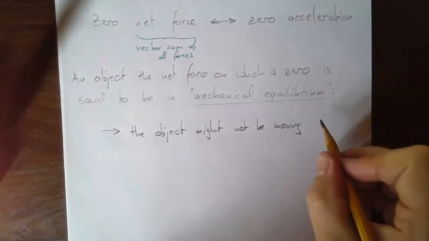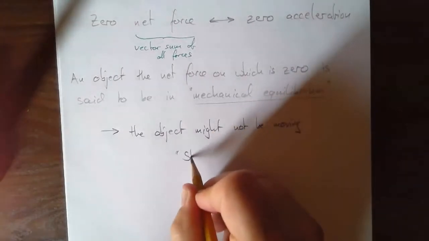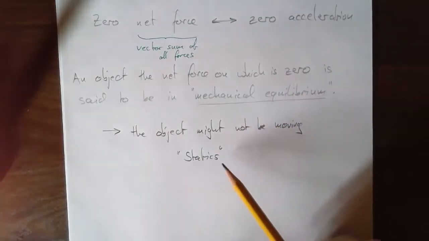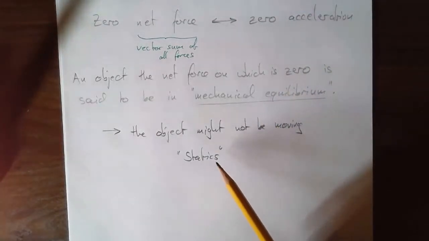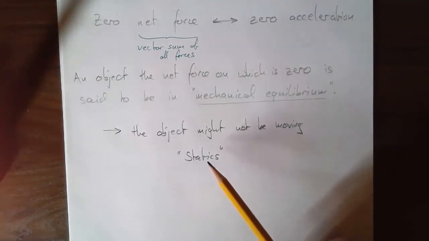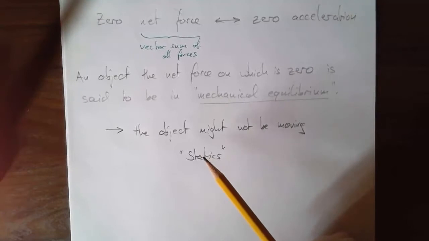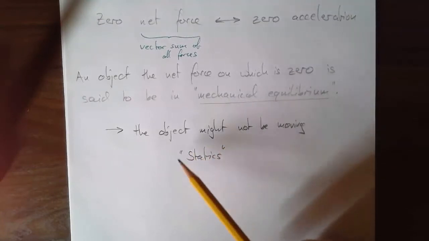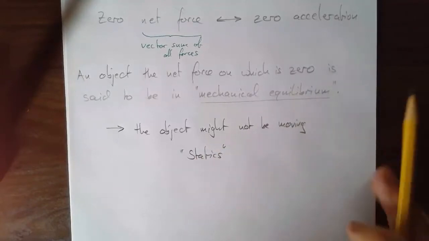In that case, we talk about what's called statics. And in fact, there's a whole field of engineering where you worry about those situations. If you want to build a building or a bridge, well, then you want it not to move. You want it to stay where it is. So this field of statics is kind of big in civil engineering, for example.